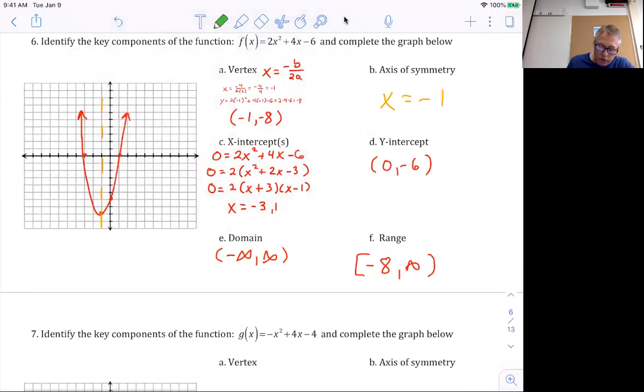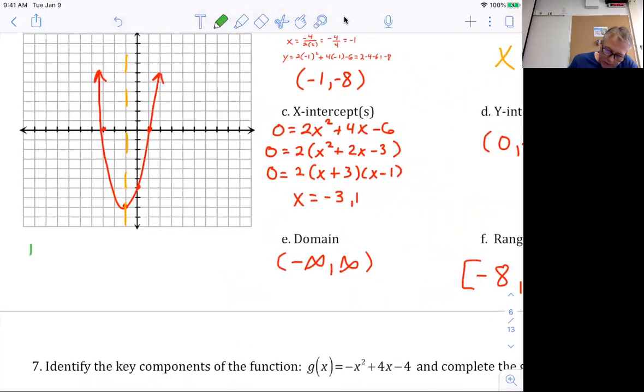Some other things that we could say is that this graph is increasing from -1 to infinity. It's increasing here. It is decreasing from -infinity to -1.